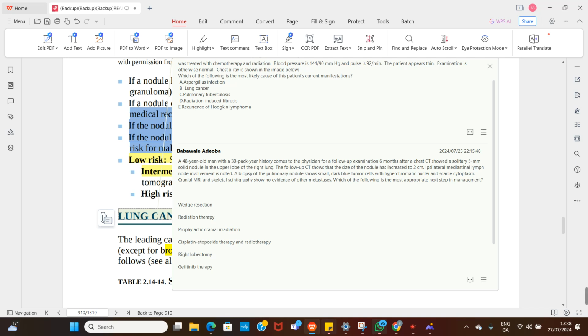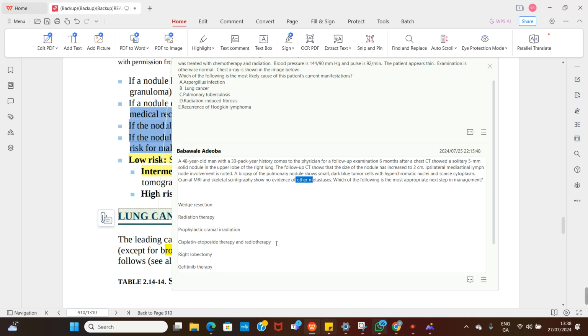Something I forgot to mention is that the statement says the cranial MRI and skeletal scintigraphy show no evidence of other metastasis. The fact that it has involved the lymph node means it has already gone beyond the lungs. It has already metastasized to the lymph nodes.